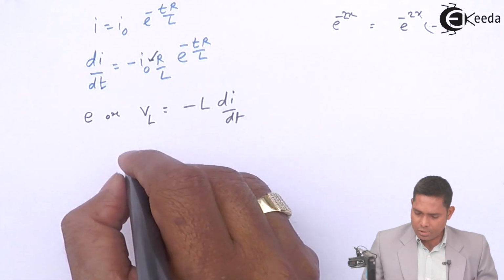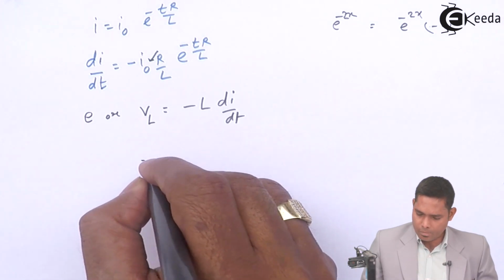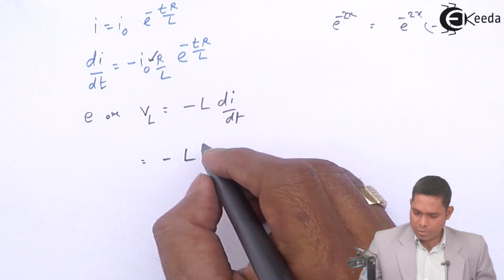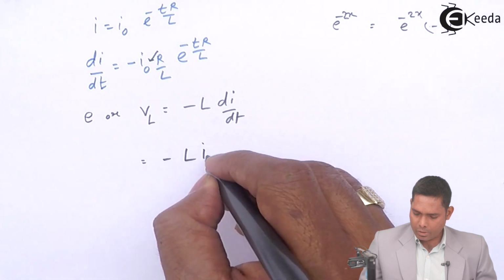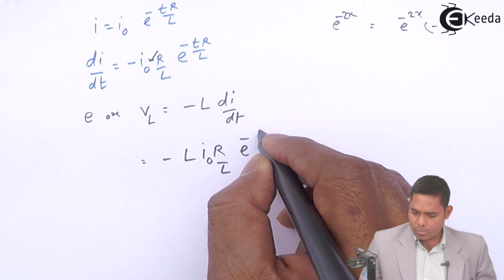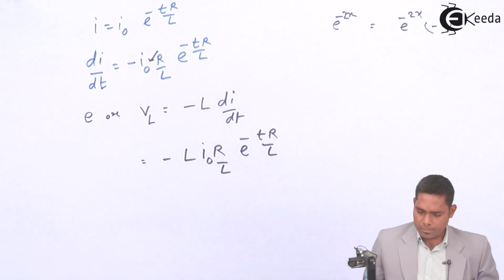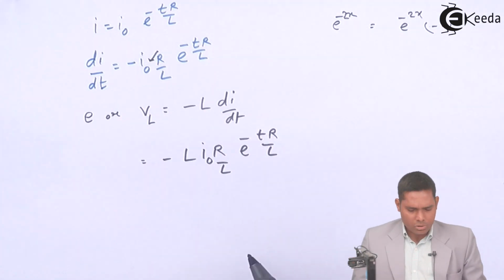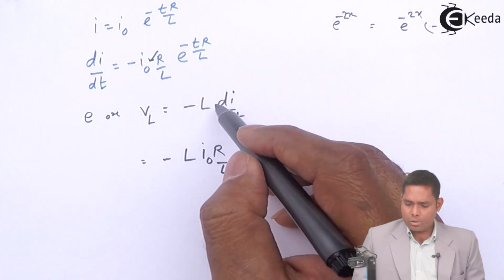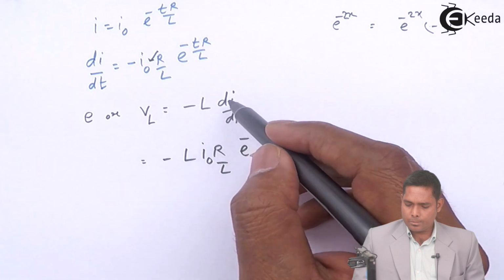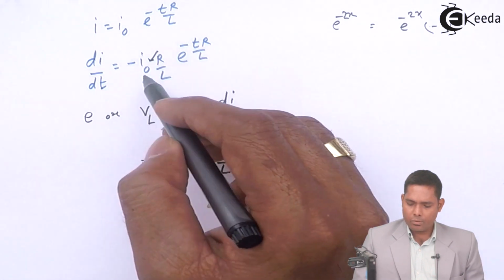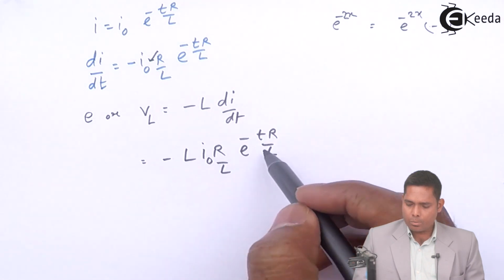VL is minus L di over dt, so I'll put this value here, I naught R by L e raised to minus t R over L. And I must write this as negative because the current is decreasing, so this will become negative, so it will become positive.